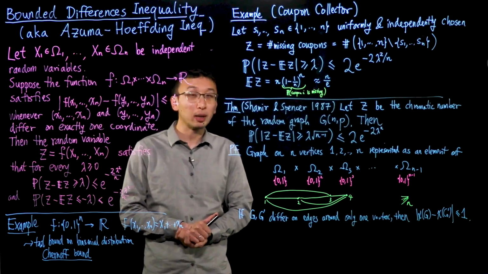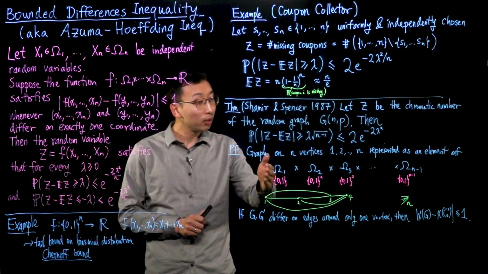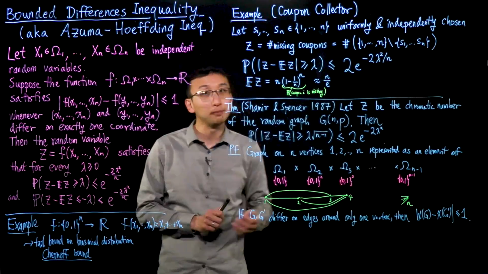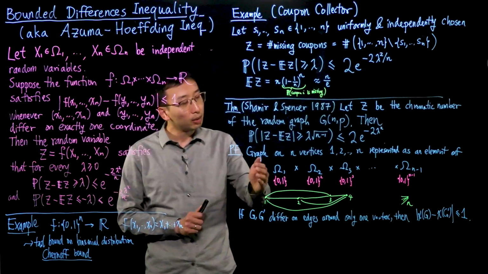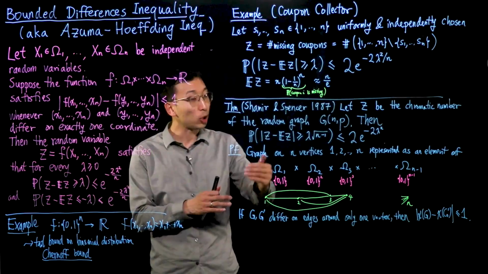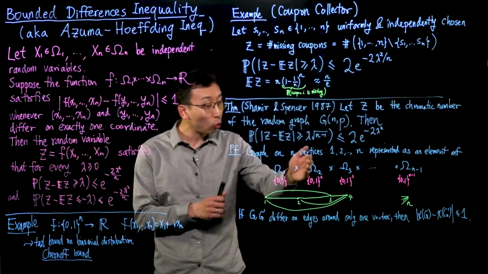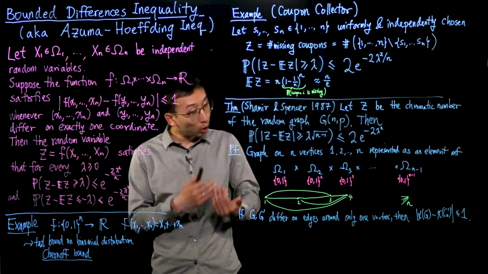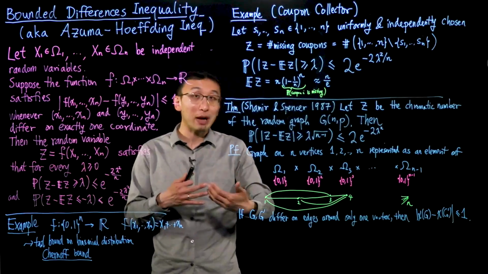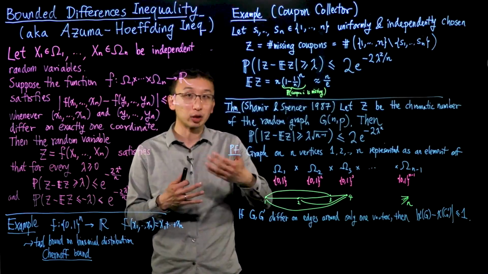And it is useful because if we have a graph represented as an element of this product set, then having another graph that's obtained by just changing one coordinate results in a graph where the only changes to the graph itself are edges around a single vertex.